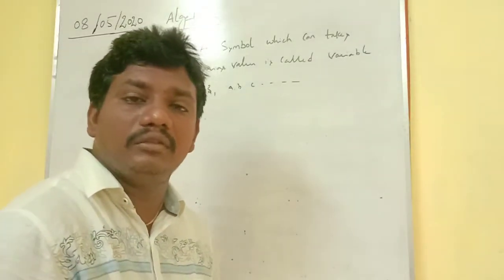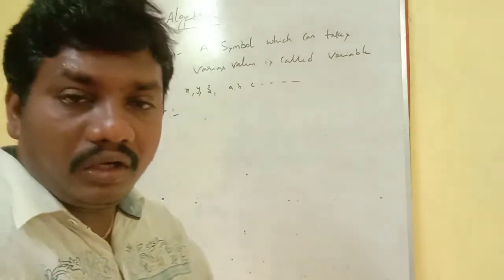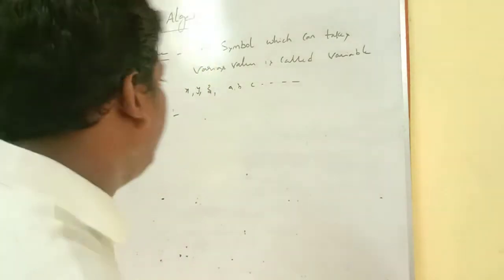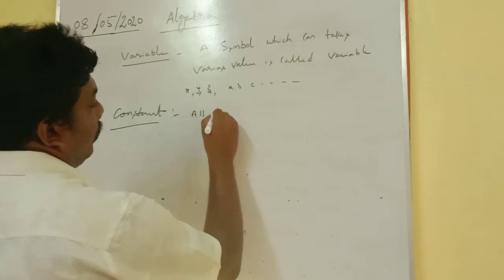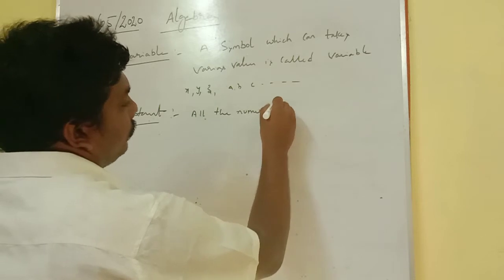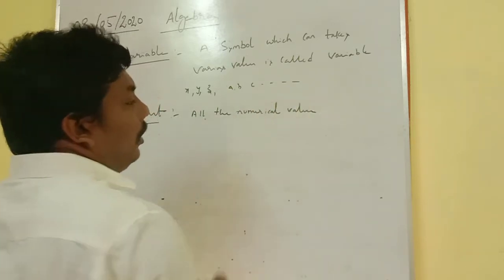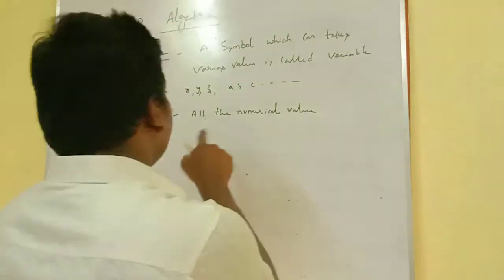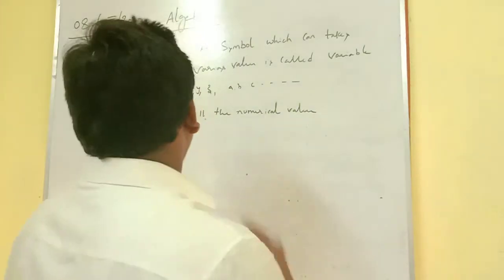The number should not change its value. A symbol which does not vary is called a constant.